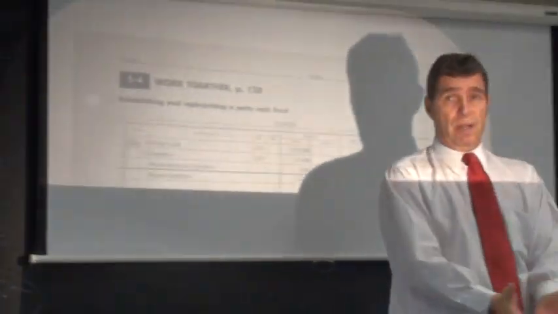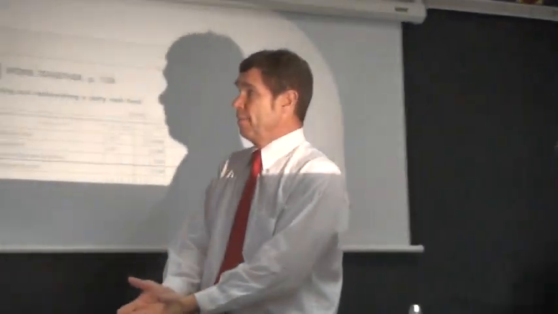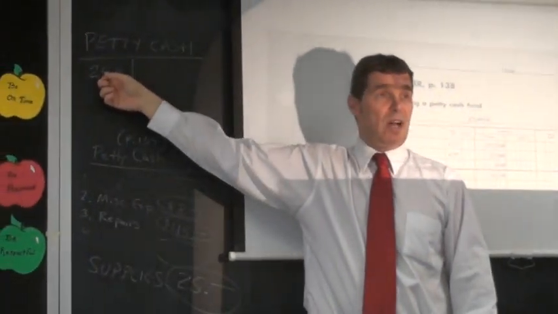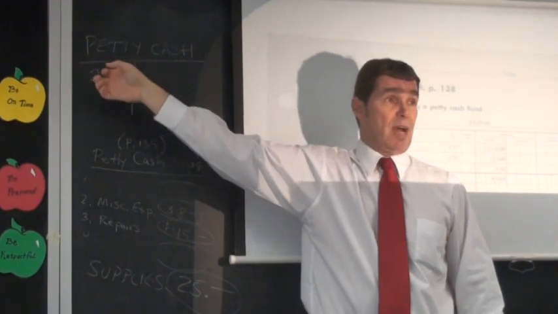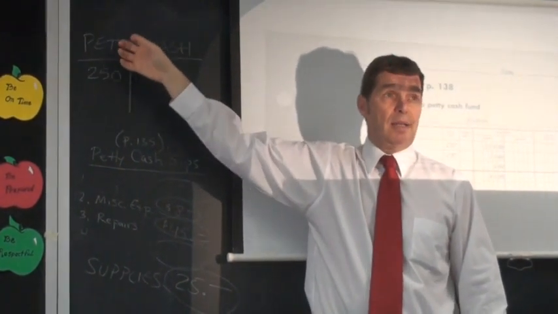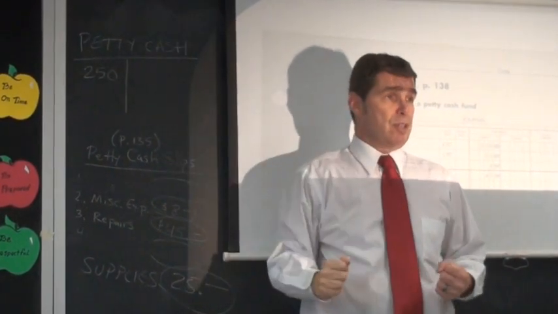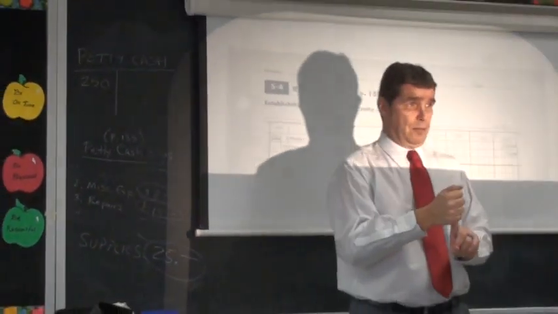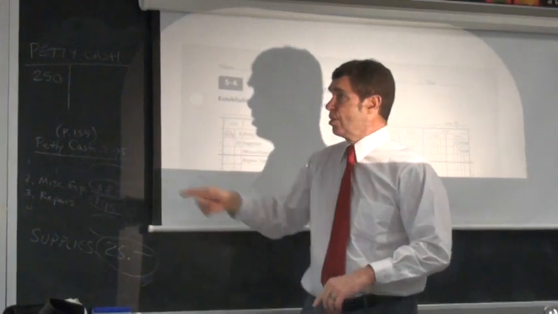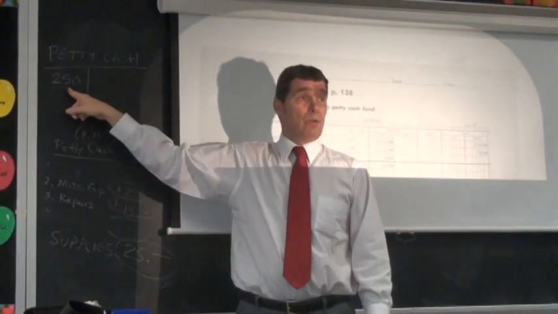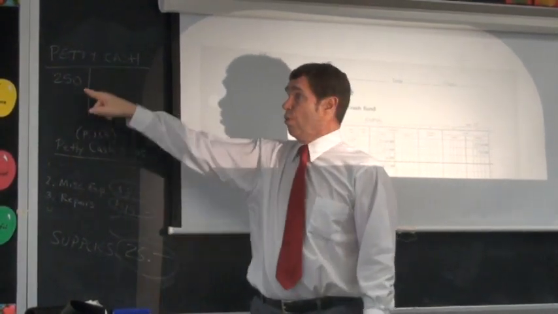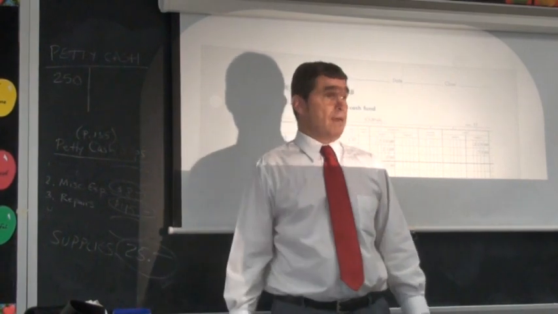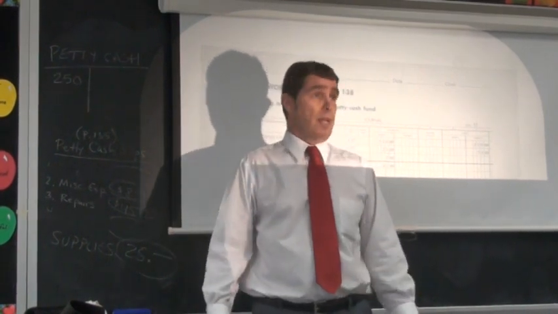And in our drawer, in our safe, wherever we keep that money, we will have $250, which coincides with what I've got in my T account or in my general ledger account. Generally speaking, unless you decide to increase or decrease that amount, you will never touch this account or have a journal entry for this account again.